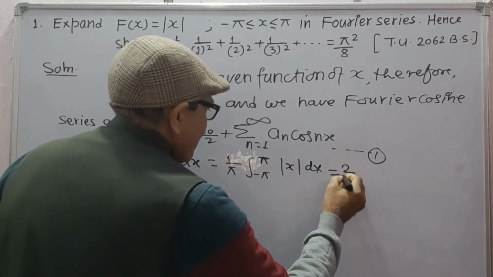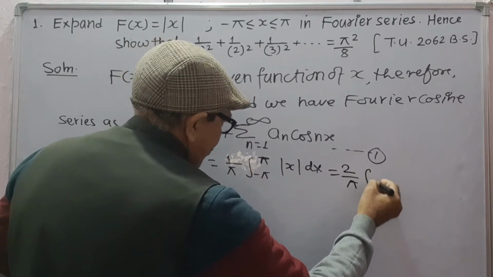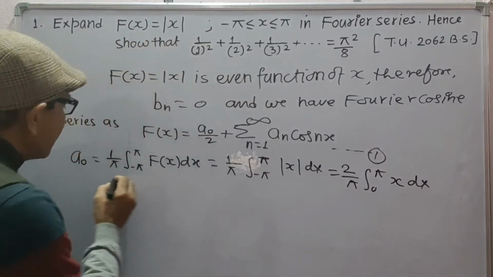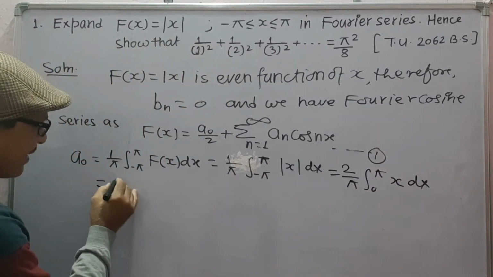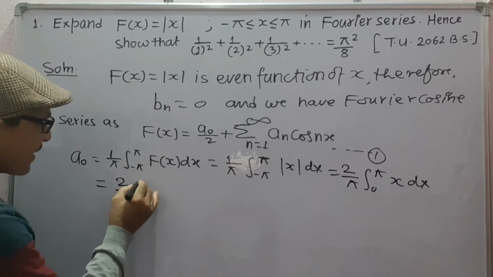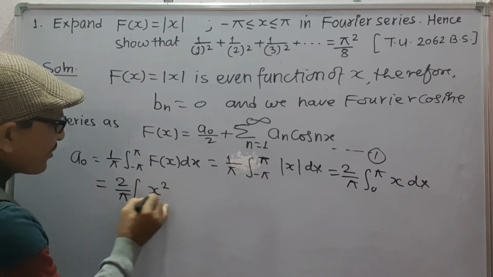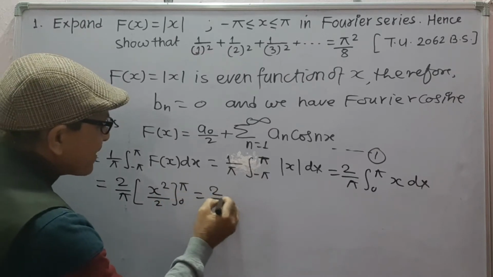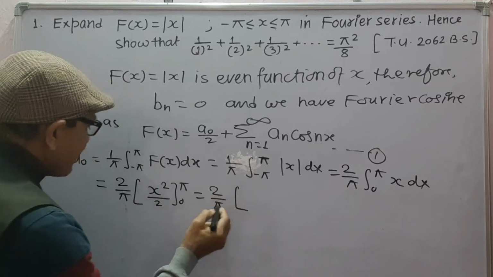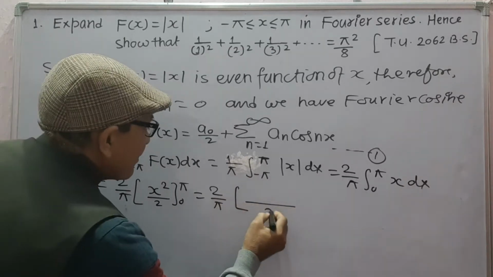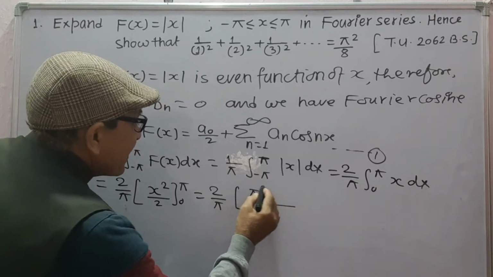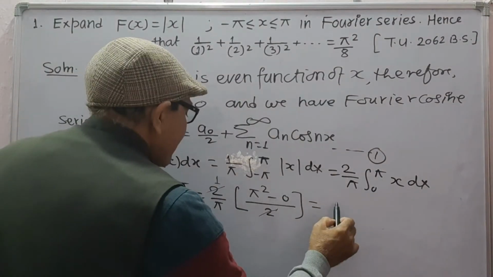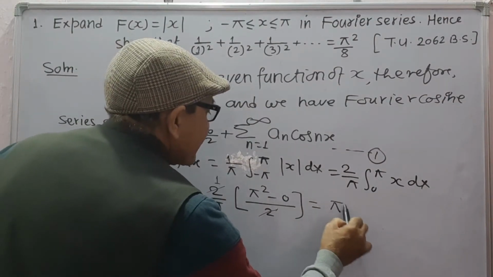So this is 2/pi integral 0 to pi x dx, which gives 2/pi times x²/2 from 0 to pi. This is 2/pi times (pi² minus 0²)/2, and we get pi²/pi, which means pi.